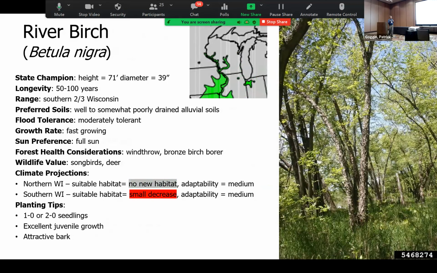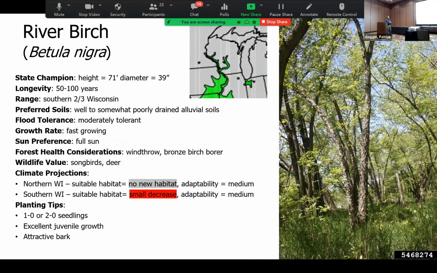River birch, another floodplain species, kind of this really pink salmon colored flaky bark. It's not projected to do all that well from a climate perspective. As you can see, it mainly grows along the Mississippi and Wisconsin River in Wisconsin.